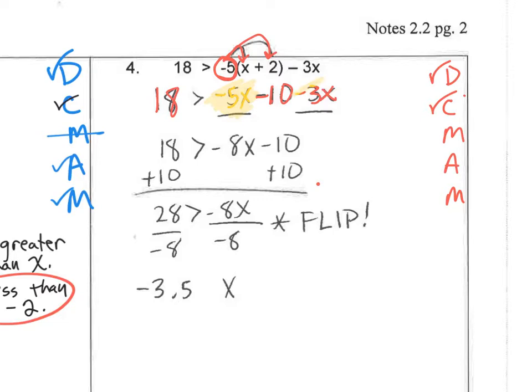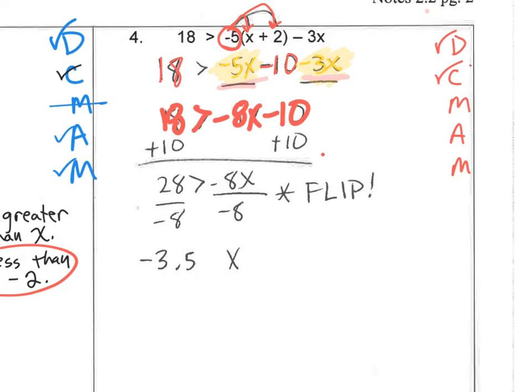I have a negative 5x and a negative 3x. And what happens when I combine those is I end up with negative 8x. And I write down the minus 10. Bring down the 18. And there's no reason for me to flip the inequality yet.